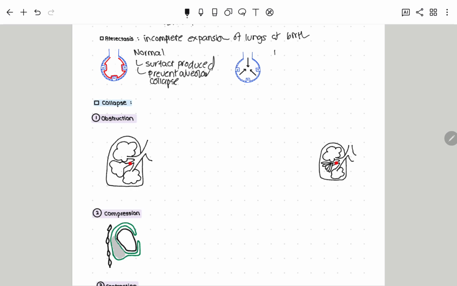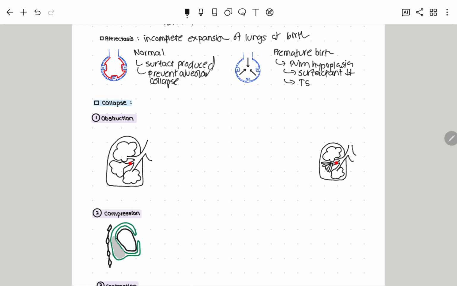However, in the case of a premature birth where you basically have pulmonary hypoplasia, you don't have a sufficient amount of surfactant produced, and as such the alveoli cannot withstand surface tension pressure, resulting in the collapse of the alveoli.